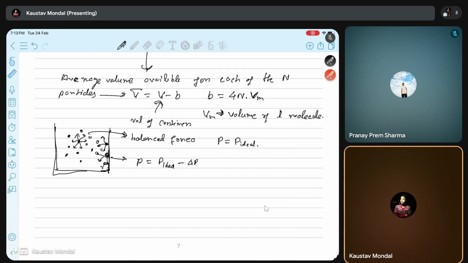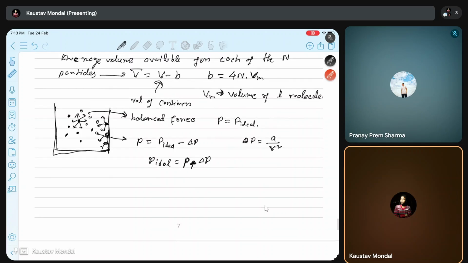From here you can write P ideal as P plus delta P. He calculated the expression of delta P, which is a by V squared.